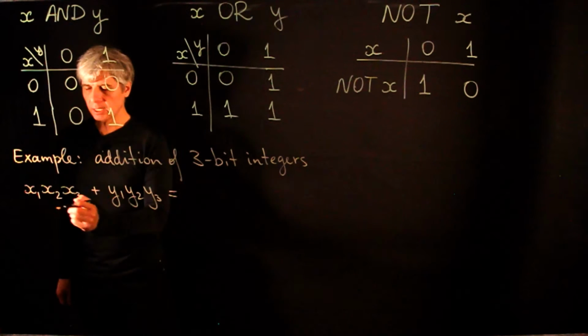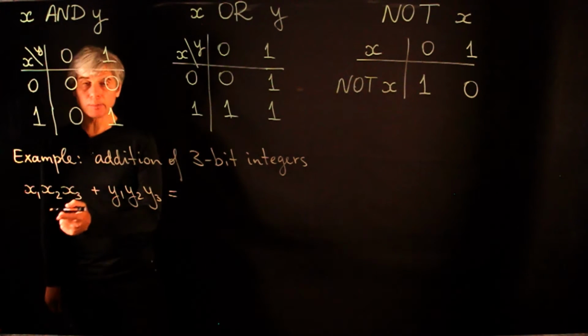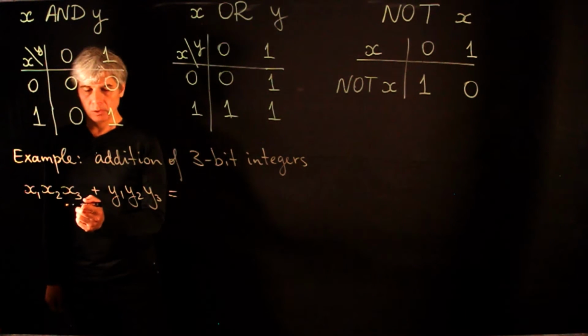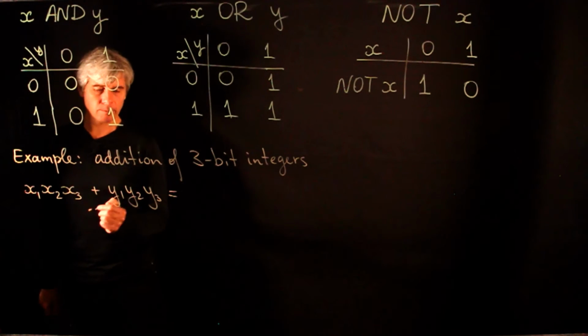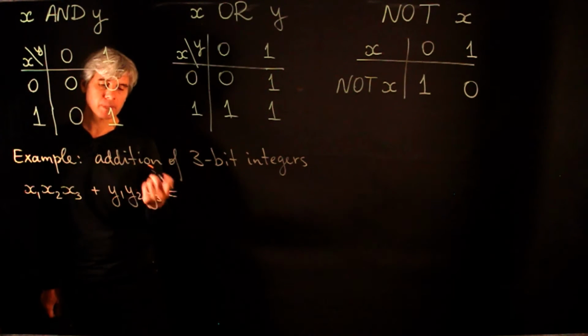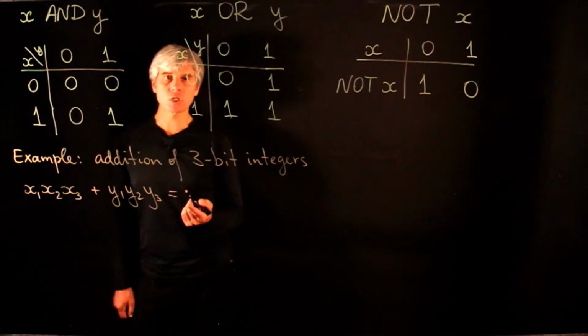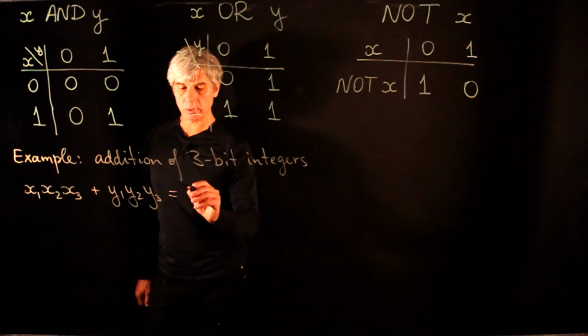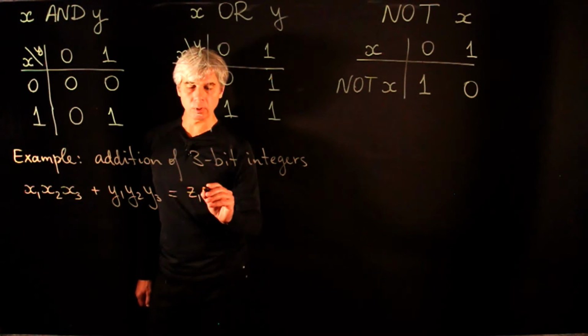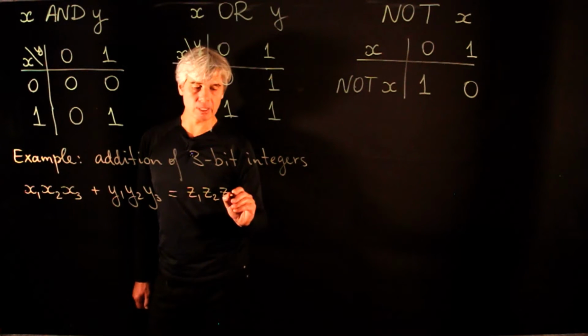So a 3-bit integer represents a number between 0 and 7. So when we add two such numbers, then the maximum result is 14, which is a 4-bit integer. So this means that for the output, we need to have 4 bits.